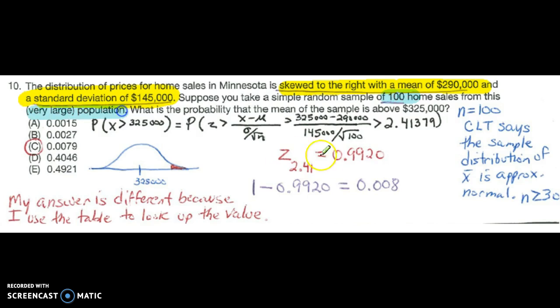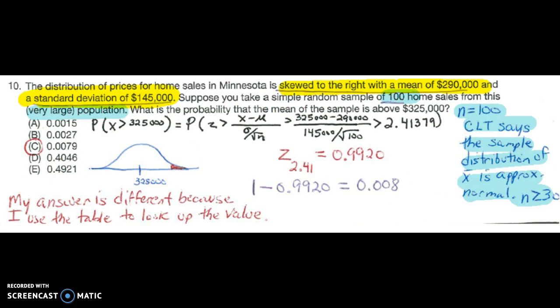They tell us very large population, so our 10% rule applies here. Our standard deviation will be calculated correctly. So I have 100. My sampling distribution of X bar will be approximately normal because 100 is greater than 30.